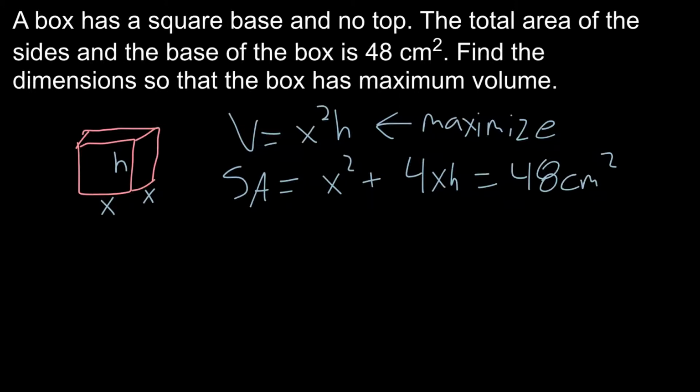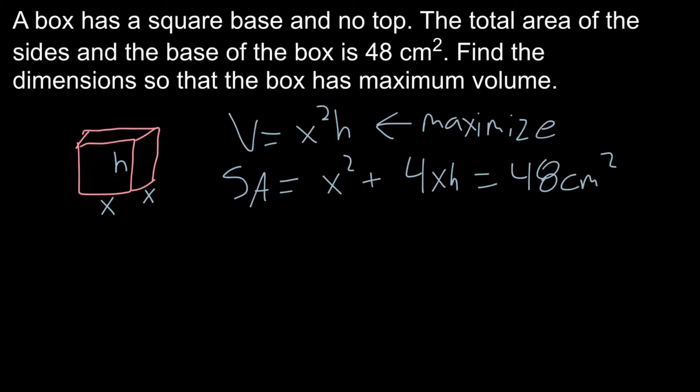Now, judging by the way our question is set up, it looks like it'll be easiest to substitute for h, because if we see there's just an h and an h, then we should be able to solve this equation for h relatively simply. If we look, there is an x squared and an x squared, but if we solve for x squared, we'd still have an x term, and you can try it on your own to see that it's much more difficult to make that substitution.